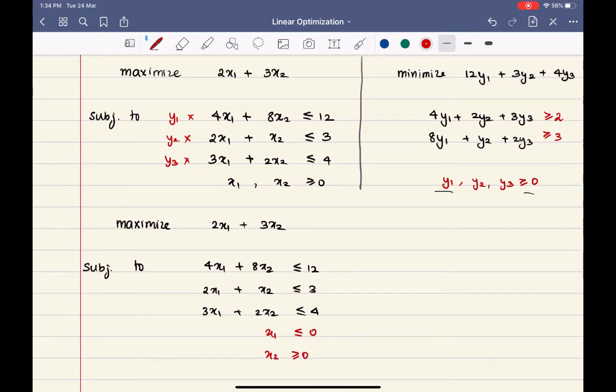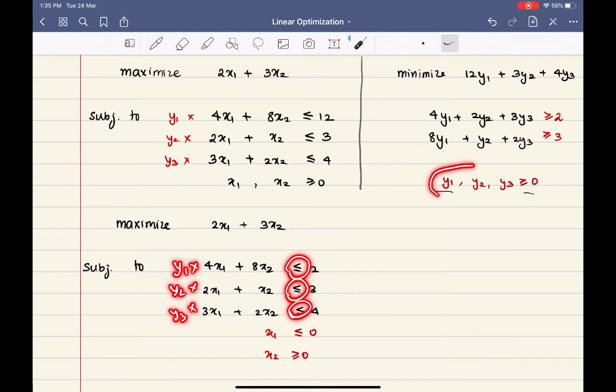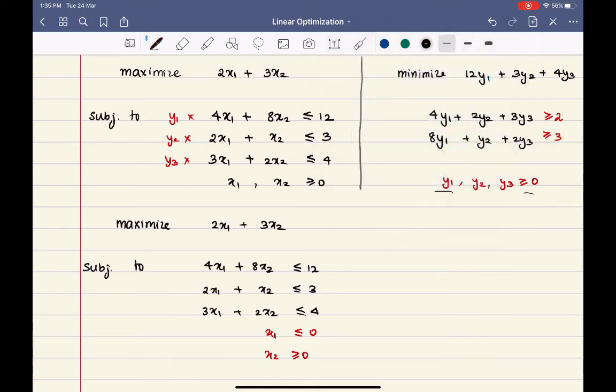Now if we ask for the dual, the main thing to note is how do we compare the coefficient of x1 with the cost? As usual, we multiply these things with y1, y2 and y3. Since all of them are less than or equal to, we keep y1, y2, y3 bigger than or equal to 0. The coefficient of x1 here will be 4y1 plus 2y2 plus 3y3.